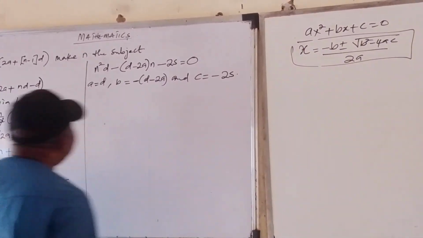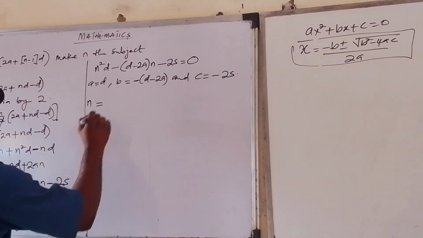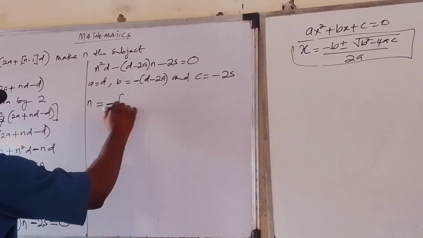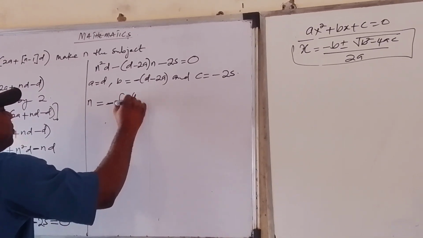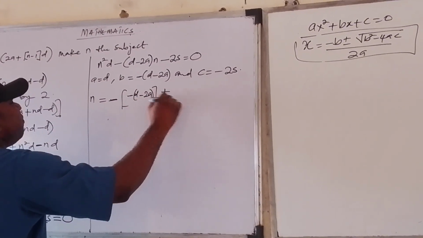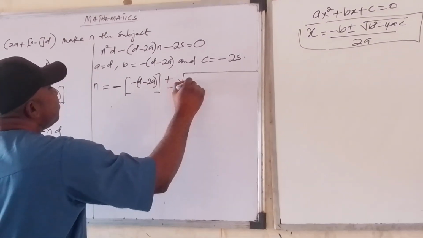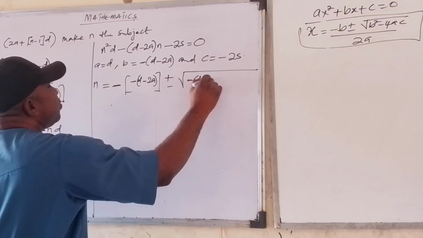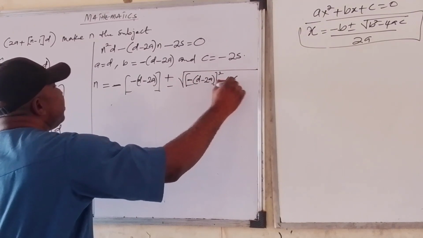Now applying this general quadratic formula, it means the value of our n will be equal to minus b. Now remember our b here is minus in bracket d minus 2a. Then we have plus or minus the square root of b squared, our b squared is minus in bracket d minus 2a, all squared, minus 4ac.